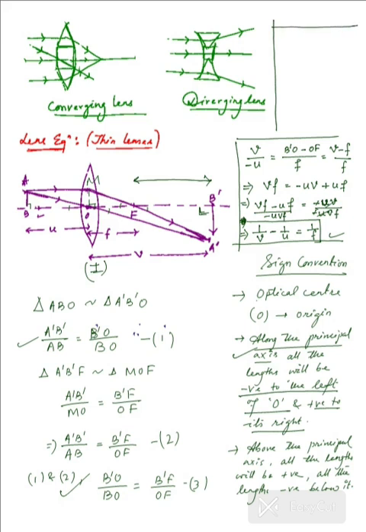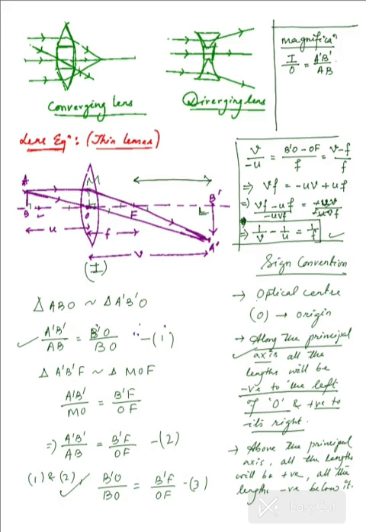Magnification, as you know, is given by the ratio of the size of the image to that of the object. The size of the image in this case is A'B' over the size of the object, AB.